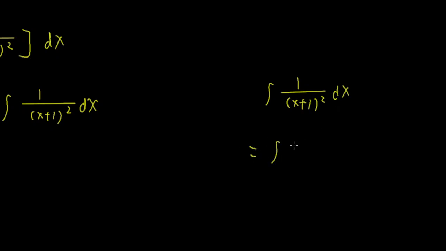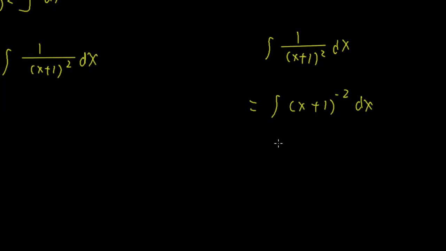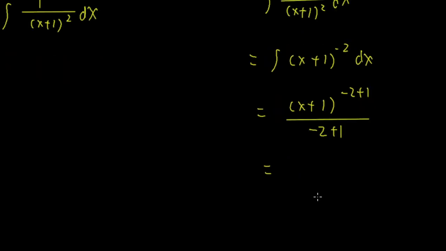That's the same as integral of (x plus 1) to the power of negative 2 dx. Now, since the exponent inside the bracket is just 1 here, you can do this. You can add 1 to the power, divide by the new power, and that's equal to (x plus 1) to the power of negative 1 divided by negative 1.